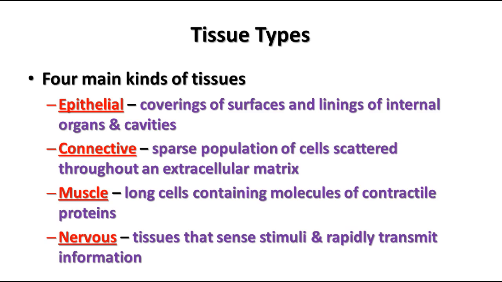Connective tissue has, by definition, a sparse population of cells scattered throughout some kind of extracellular matrix, and this includes things that don't have a lot of cells but make some other product, like bone. Muscle tissues are made of long cells that contain contractile proteins so that they can contract to cause movement of some kind. And the final kind is nervous tissue, the tissues that can sense stimuli and transmit information rapidly.